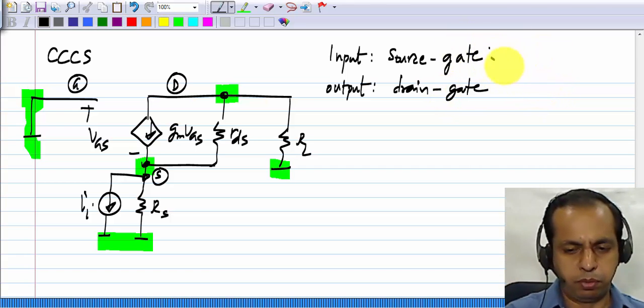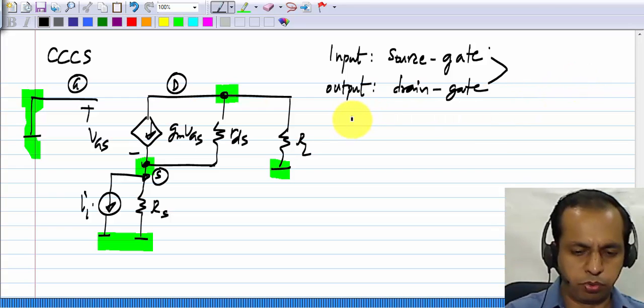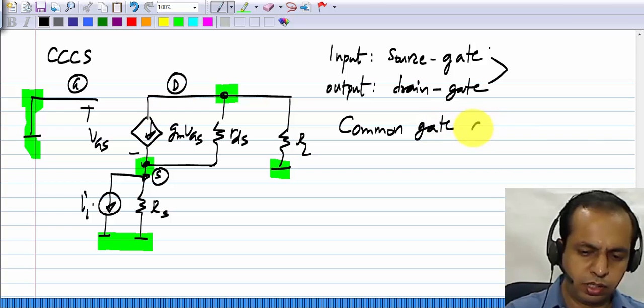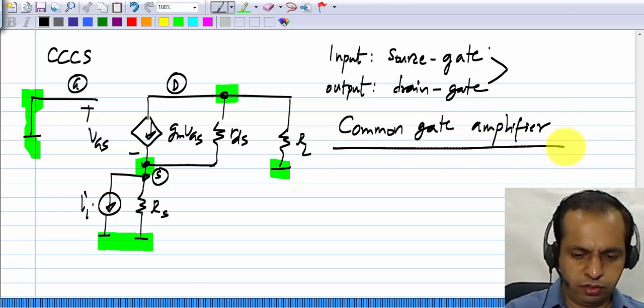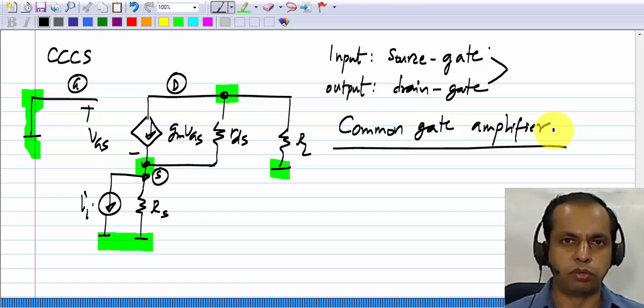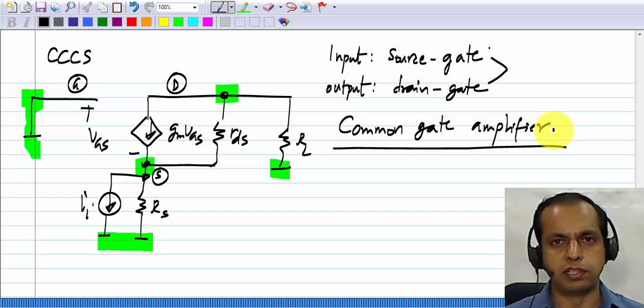Okay, and because gate is common to the input and output, this is also known as a common gate amplifier. Okay, so it's a current buffer or a current controlled current source of gain 1, and it's also known as the common gate amplifier. It's one of the basic building blocks using a single transistor.